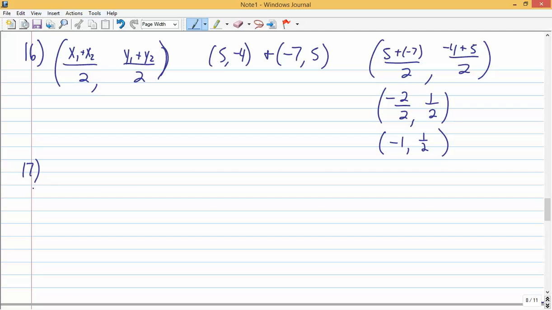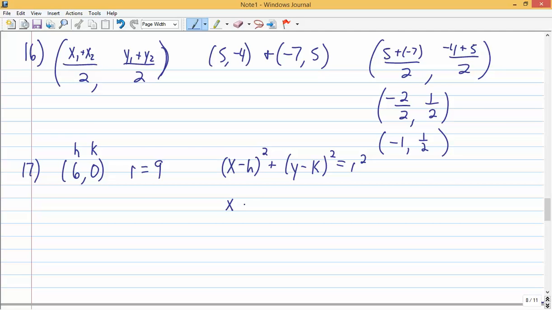Number 17, the directions say, write the standard form of the equation of a circle with a given center and radius. So the center is 6, 0. The radius is 9. Remember, that's my h and that's my k. The general form of the equation of a circle is x minus h squared plus y minus k squared equals r squared.